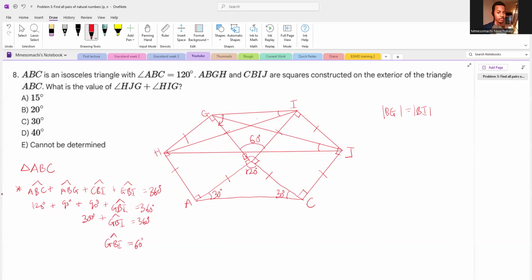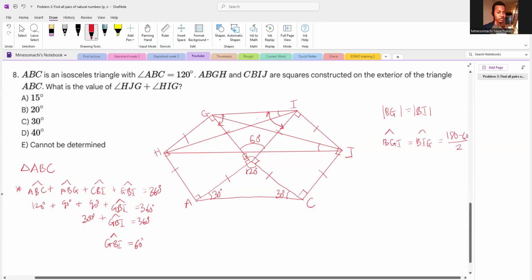Angle BGI is equal to angle BIG, which is 180 minus 60, all over 2.